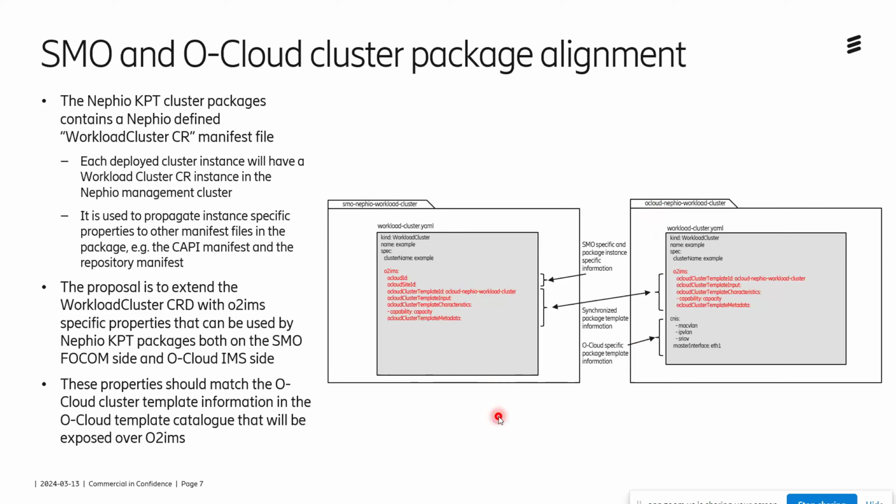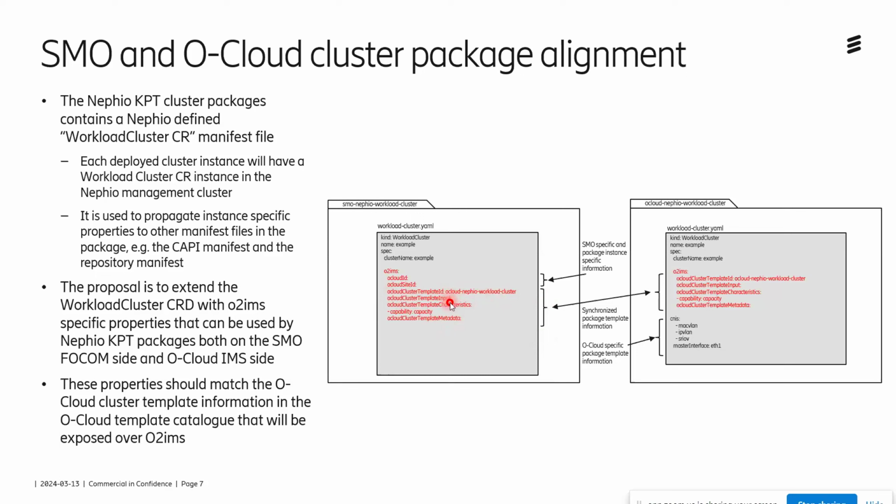It's more of a package name, because this would be a name reference that should also work if you have a non-Nephio-based O2IMS implementation. The O2IMS interface should carry this name reference, and it should be understood by an IMS that is not based on Nephio. That is why I think it should be more abstracted than something package specific. And then the other thing, you have a set of input data that can be completely cluster template specific.